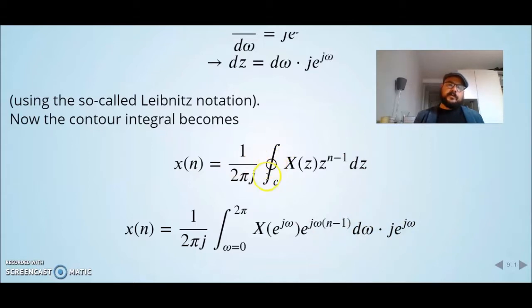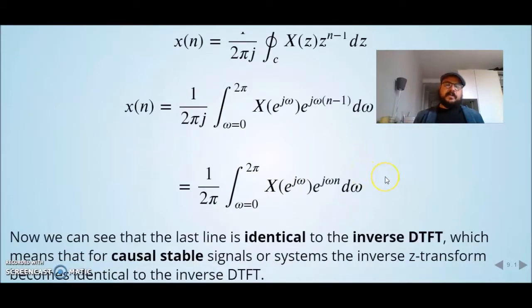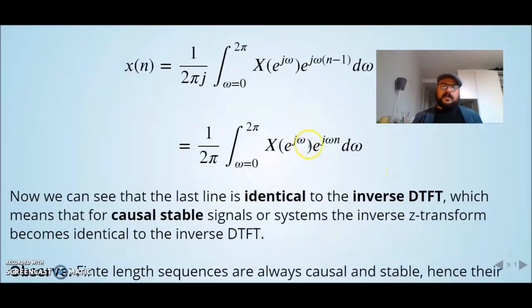The closed contour becomes the normal integral for omega going from 0 to 2 pi.